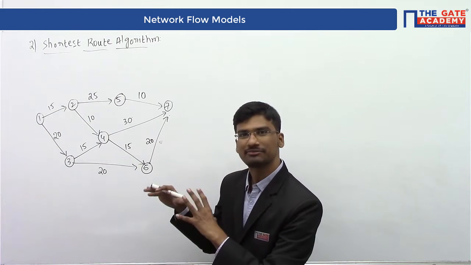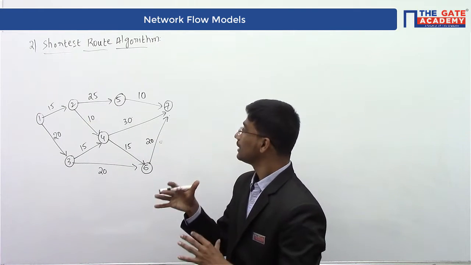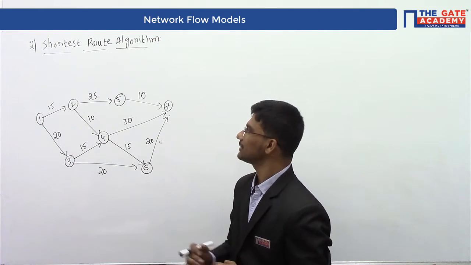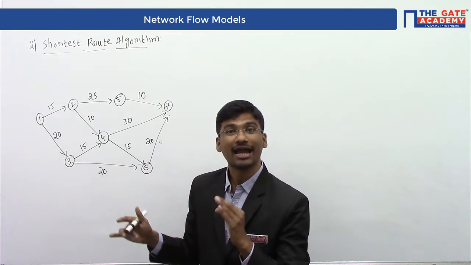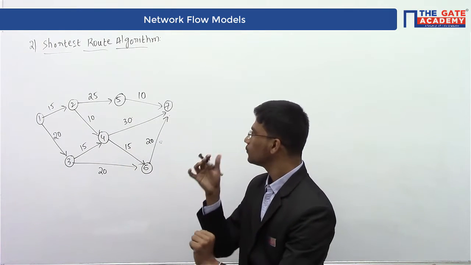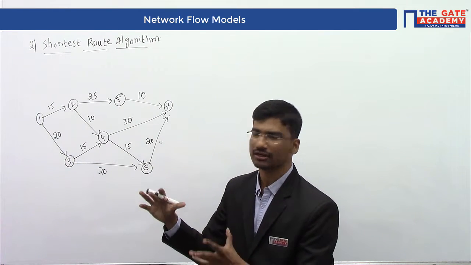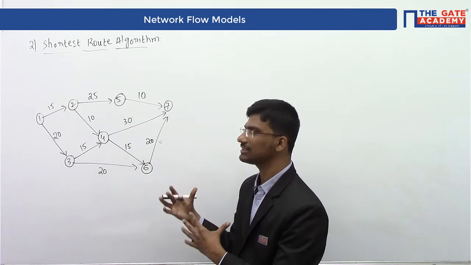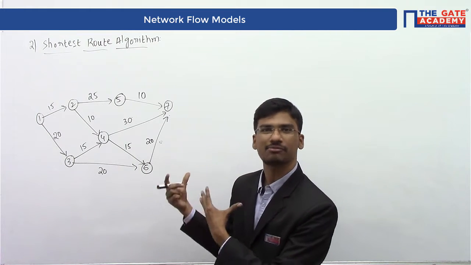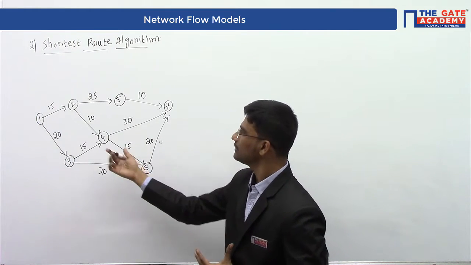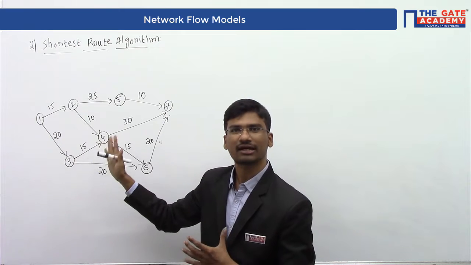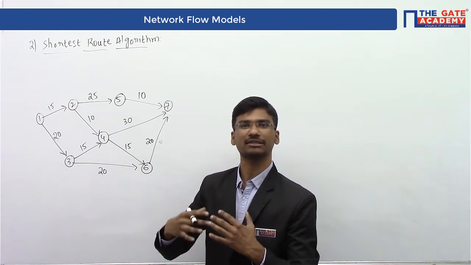If you observe, the basic difference here is that this is a directed network, right? This network is somewhat similar to the PERT and CPM network. There is no difference between this network and any network which we deal with in PERT and CPM.